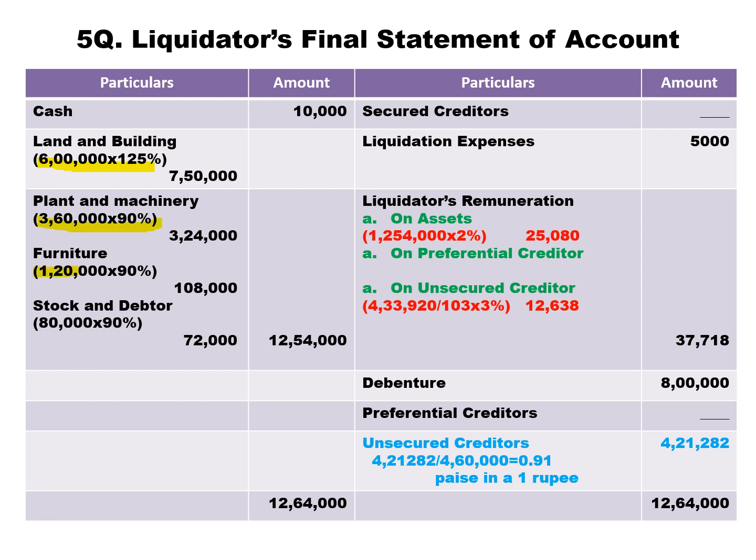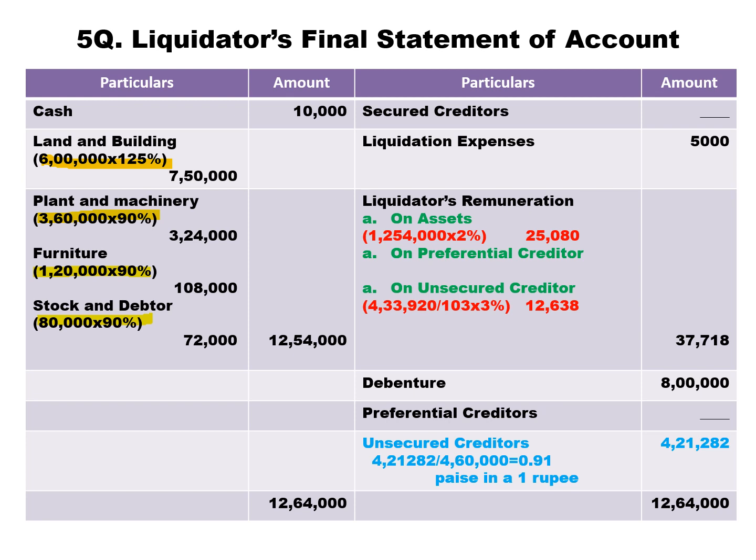What are the liabilities paid? First we have secured creditors, but unfortunately in our question we don't have any secured creditors, so it is a dash. Then we have liquidation expenses of 5,000. Then we have liquidator remuneration, calculated at 2% on assets realized and 3% on unsecured creditors paid.